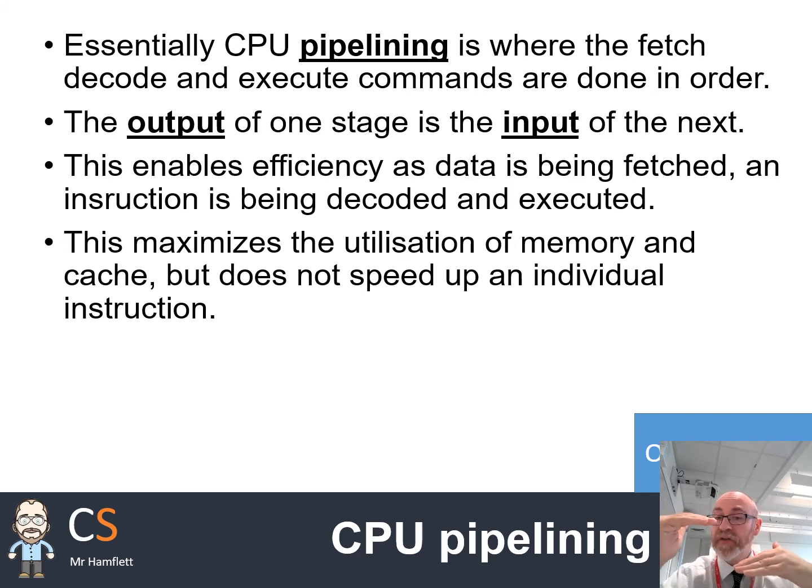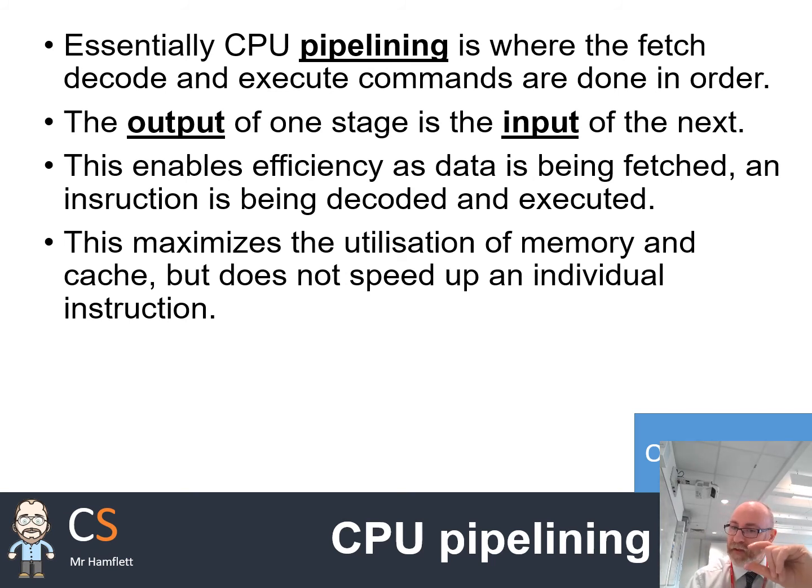So I'm working on two separate things. When we talk about a pipeline, we are talking about two separate instructions in this scenario. I'm decoding one instruction whilst I'm fetching the next. One instruction is not running in parallel with itself. We can't do all three stages at once, but I can fetch one instruction while decoding another one.